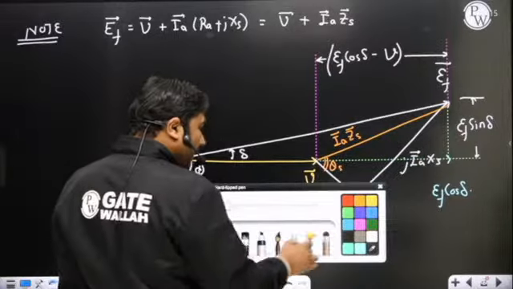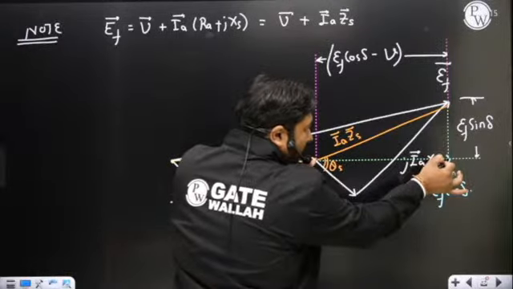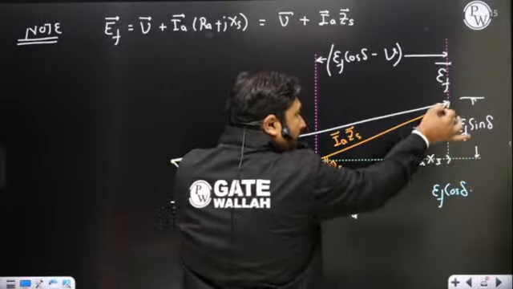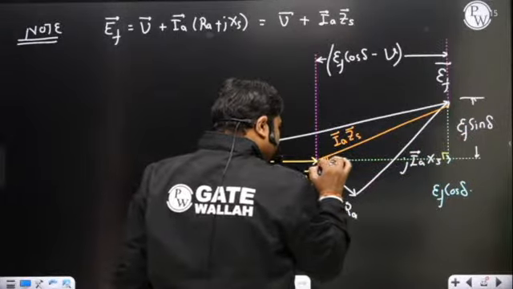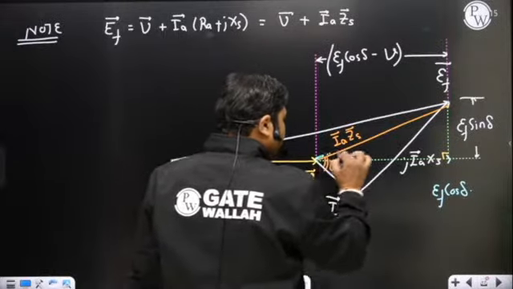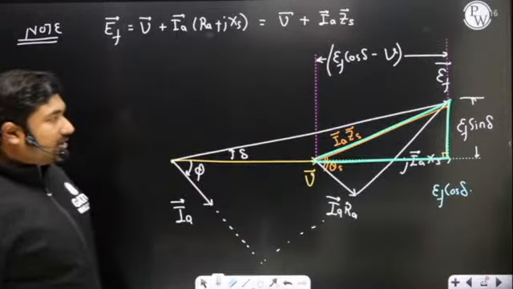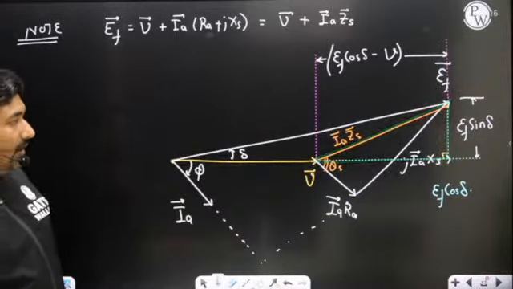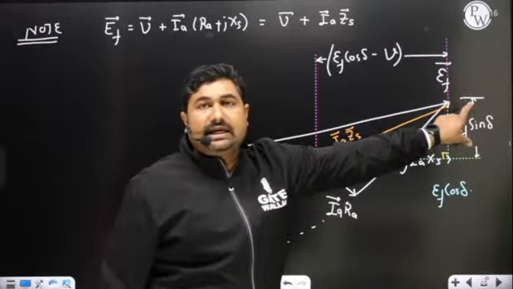So one can say this is a base, and this is a perpendicular, and this is a right angle triangle. Where this portion is EF cos delta minus V, and this portion is EF sin delta.